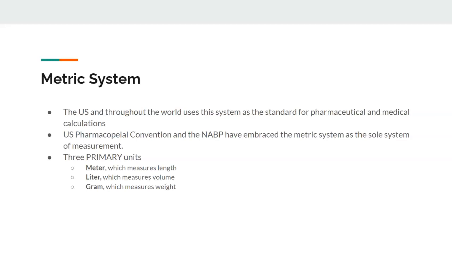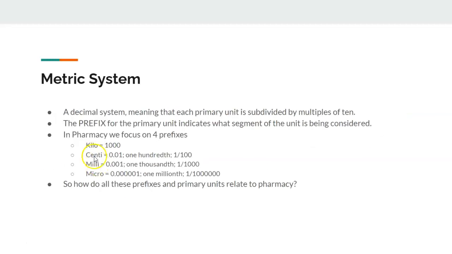And then the subunits would be something like kilo, centi, milli, micro. Those are your subunits. It's a decimal system, meaning that each primary unit is subdivided by multiples of 10. So we start with grams, and then if we multiply it by something, you're going to get kilograms, centi, milli, micro.